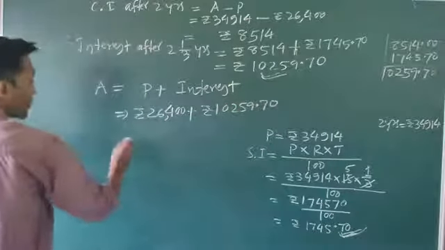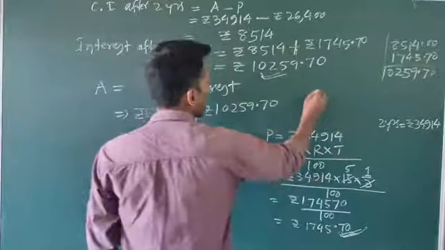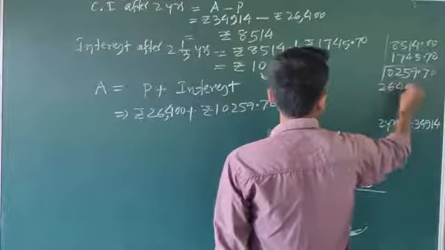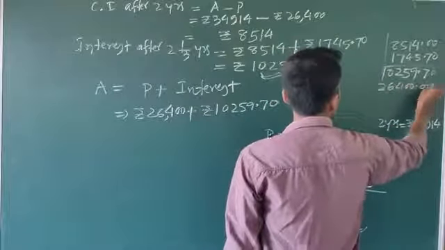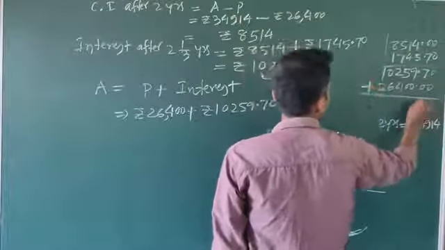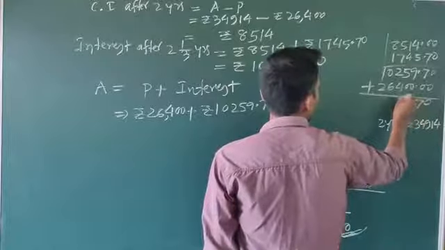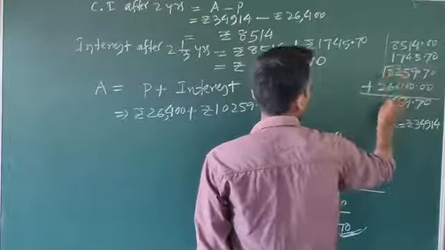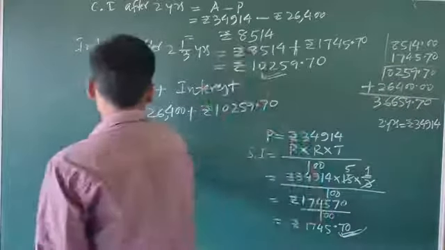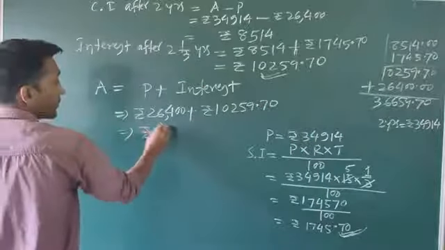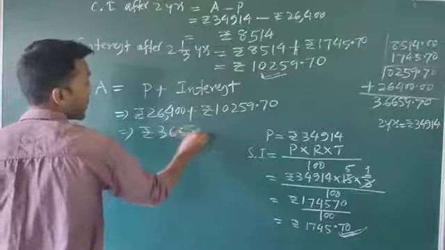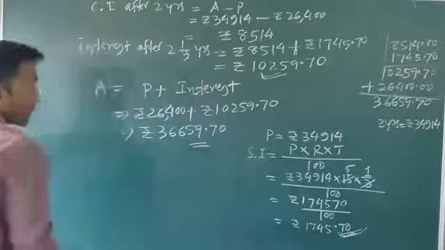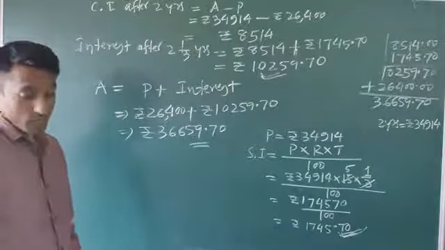You add these two. 26,400 plus 10,259.70 is rupees 36,659.70.